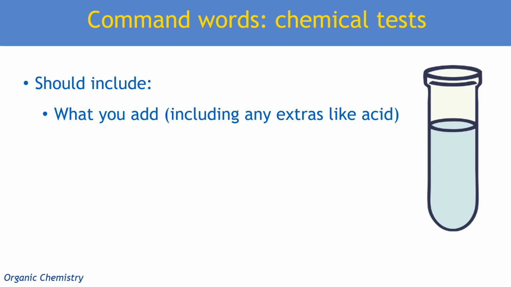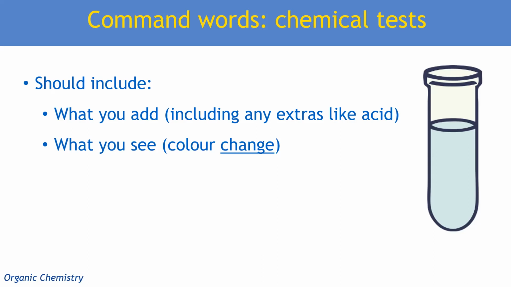You might have to add something and then heat it. So you may have to add acidified dichromate and heat because the reaction won't happen at room temperature. You have to heat Benedict's reagent if you're testing for an aldehyde. So you say what you add and you say what you see. And sometimes we need to say more than one color.